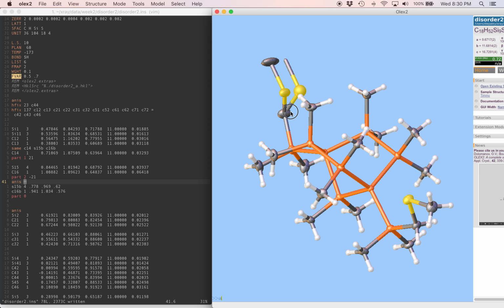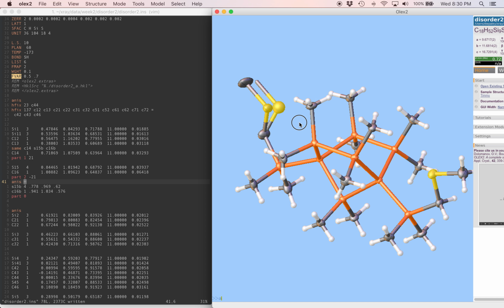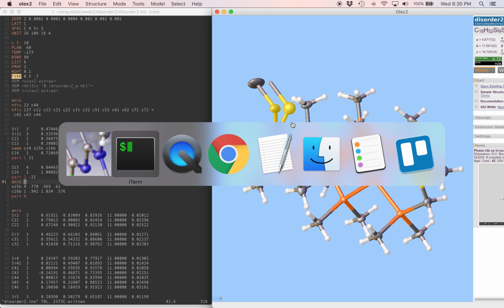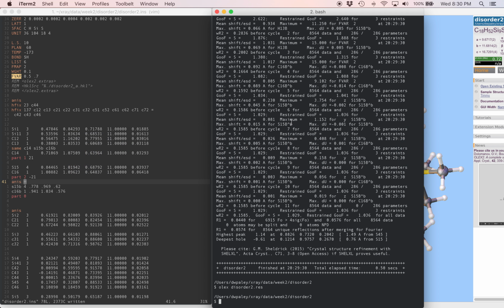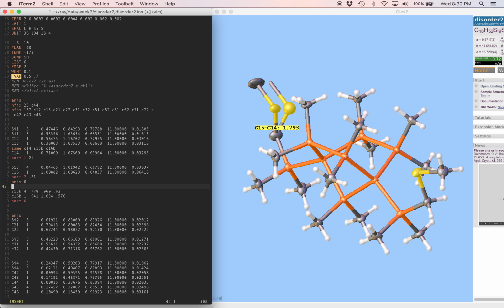The reason we didn't see a difference feature for carbon-14 is maybe just because it's only a 9% occupied disorder. So we'll go ahead and split that just based on the fact that we're looking at impossible molecular geometry in the minor part.